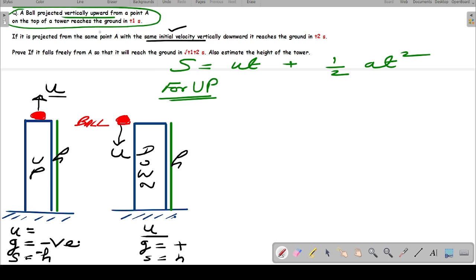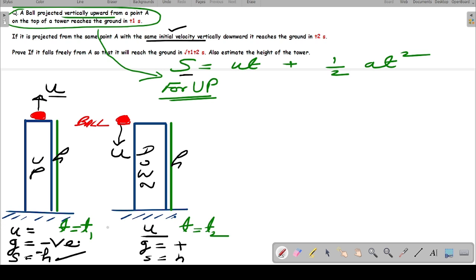In the first case, the time of travel we have considered as t1, so t equal to t1 when the ball is thrown upward with a velocity u, and in the second case, when the ball is thrown downward with a velocity u, the time is t2, right? So t1 and t2 are the respective times.